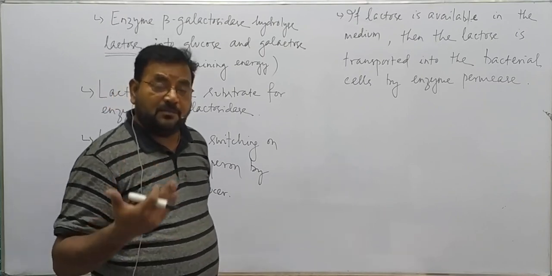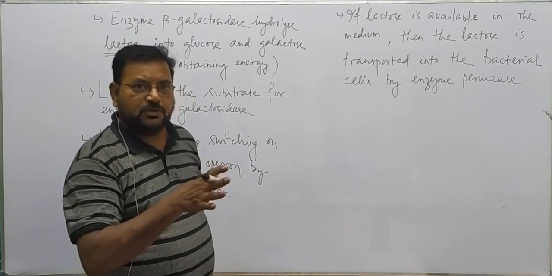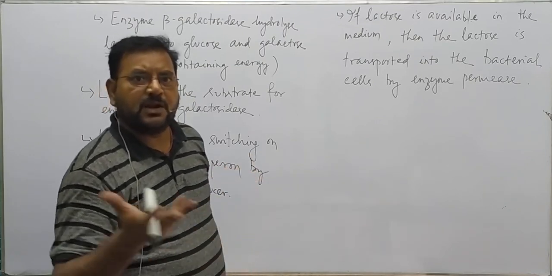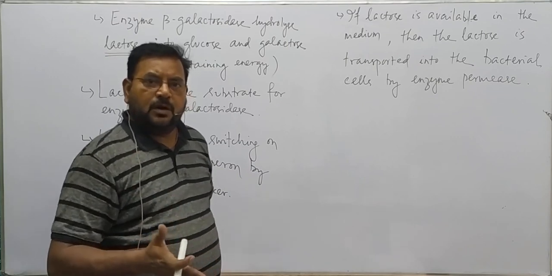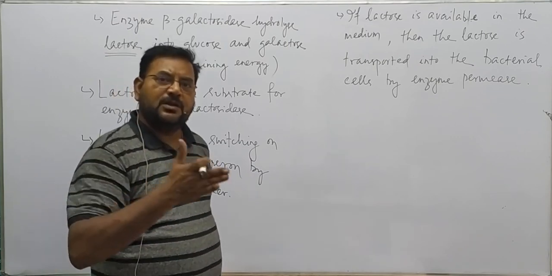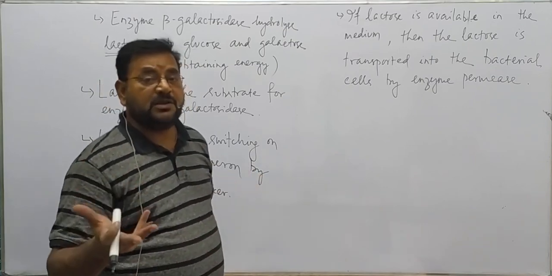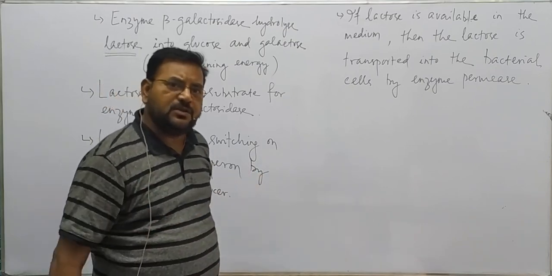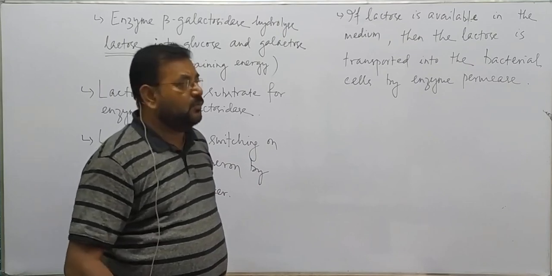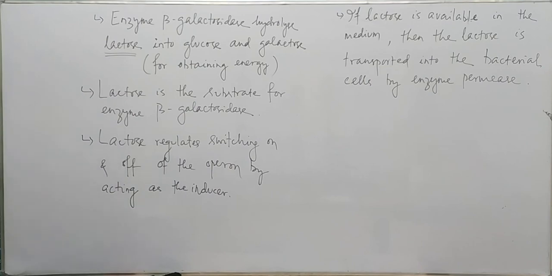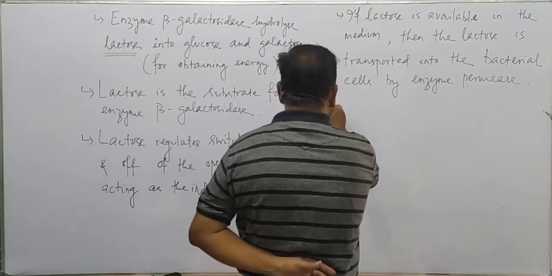Then what will happen in this case? Will the operon start automatically to produce the permease for allowing the lactose in, or will it start after the lactose enters? But if the permease is not available, then the lactose cannot enter the cell. This is a very important point.